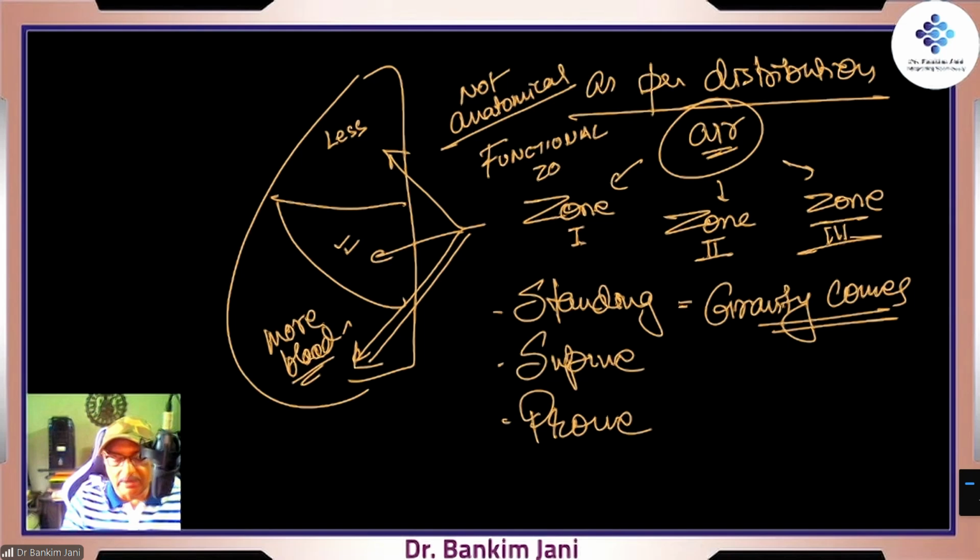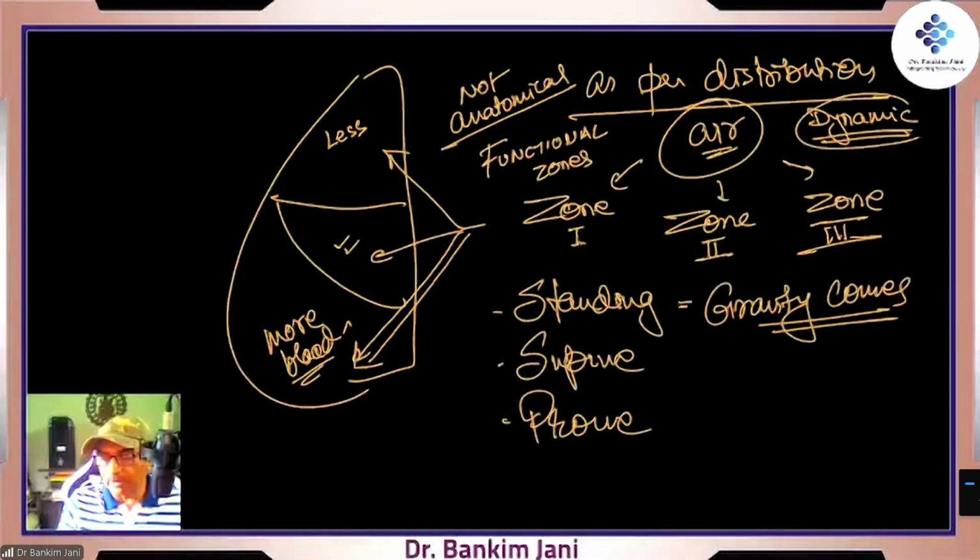And when they are functional zones, that means they are dynamic. Dynamic means ever changing. So even under normal physiological response there will be change, especially when you take a deep breath in, deep breath out, you start running, you start swimming. So it happens that there would be changes in the zones.